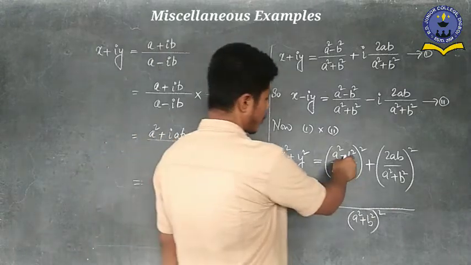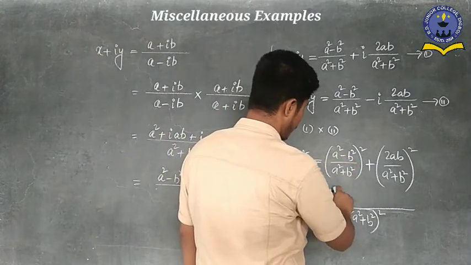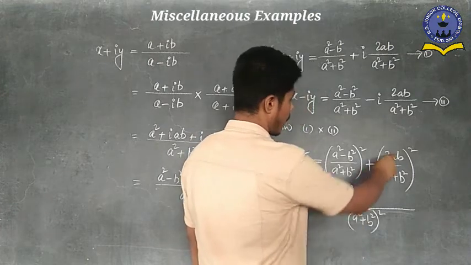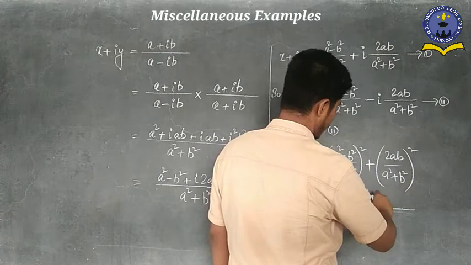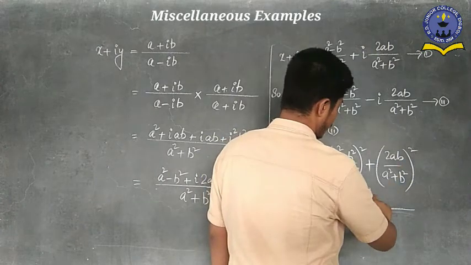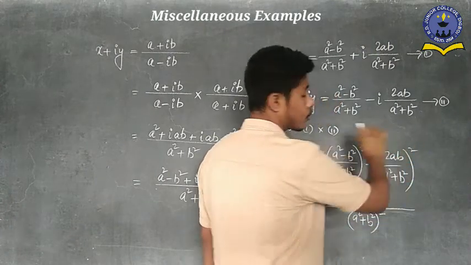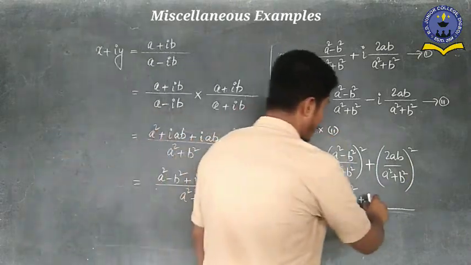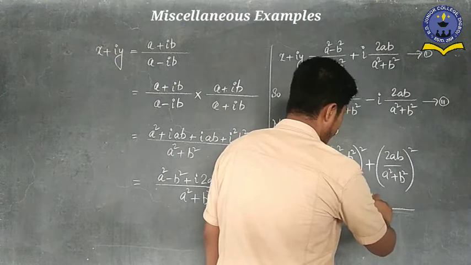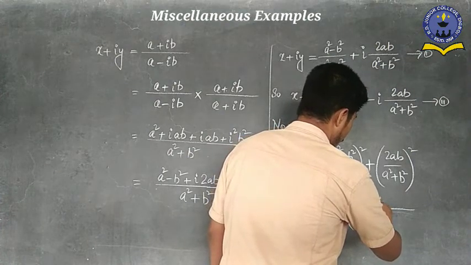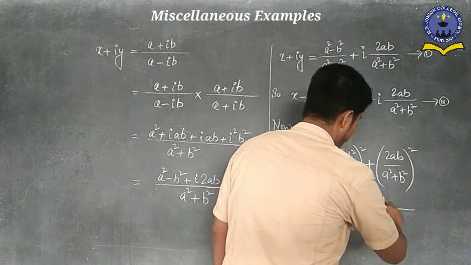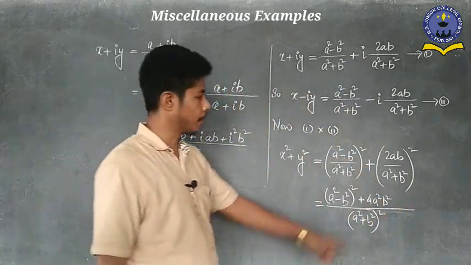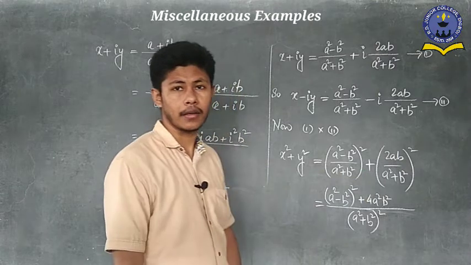In the numerator, this one we can write as a square minus b square whole square, and this one we can write as 2ab whole square. That means 4 times ab whole square, or simply 4a square b square. If you break this result, clear?